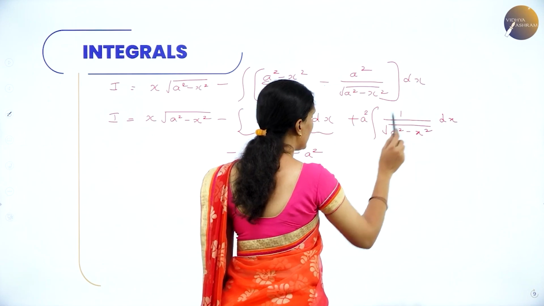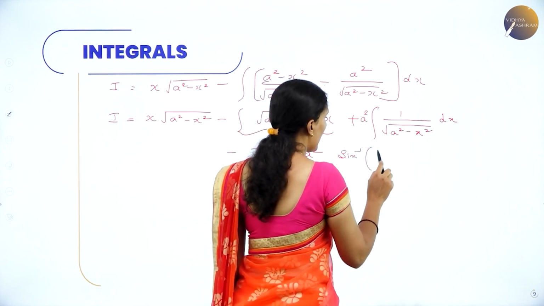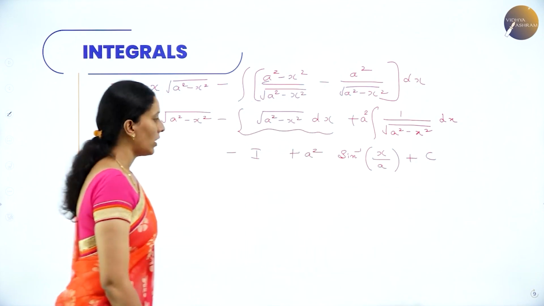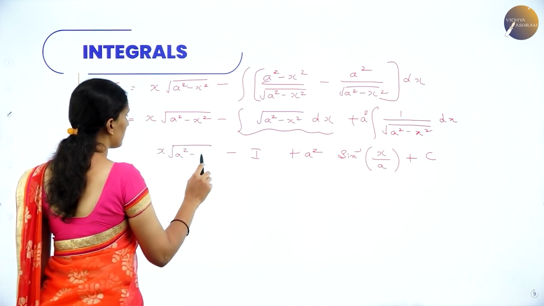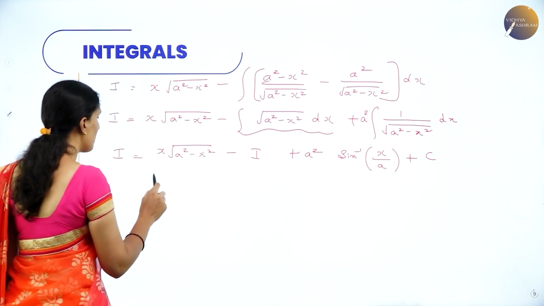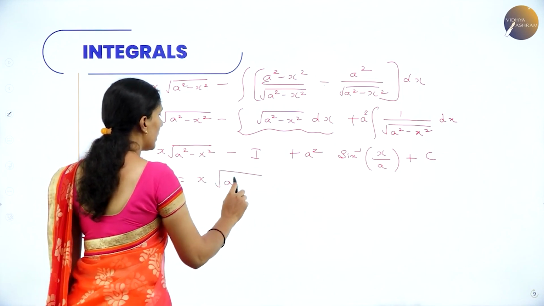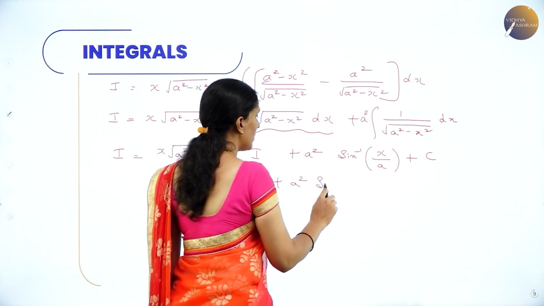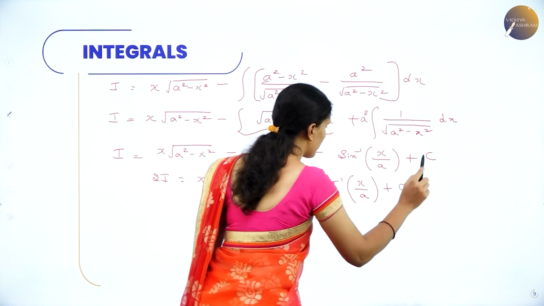This is the standard integral whose value is sine inverse x by a plus c. So therefore now this is as usual I. So I minus I when comes here, it is 2I, x into root of a square minus x square plus a square sine inverse x by a plus c.